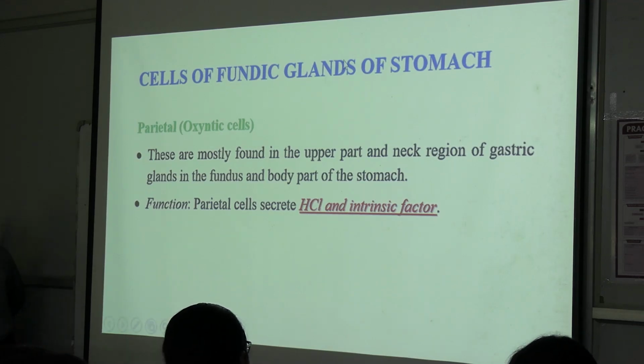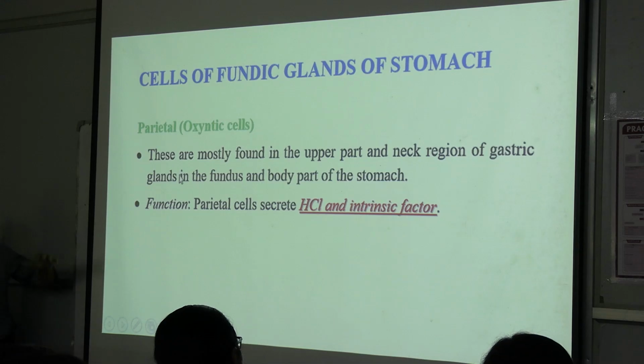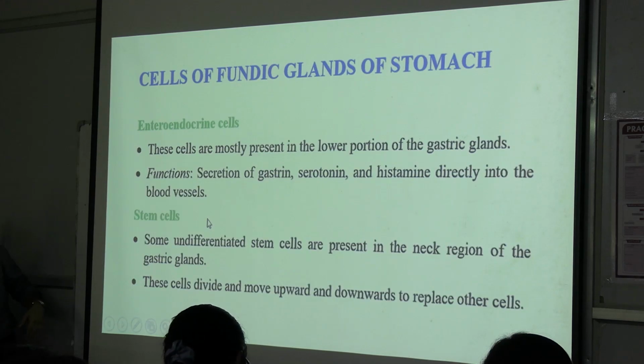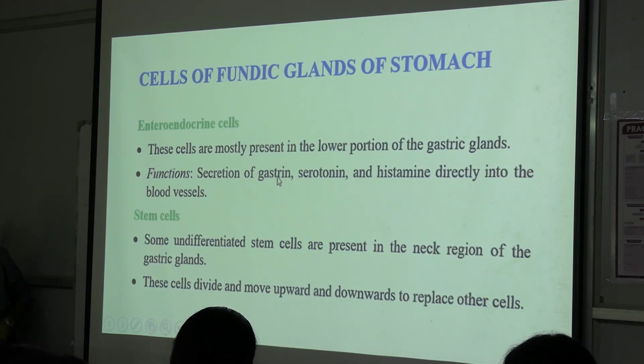So, these are the two elements produced by the parietal cells, which are present in the upper part of the gland. Then we have another cell type which we call neuroendocrine cells. These are present in the lower part of the gastric glands. So, if you go to the lower part, you are going to see the gastric glands fitted with these neuroendocrine cells.